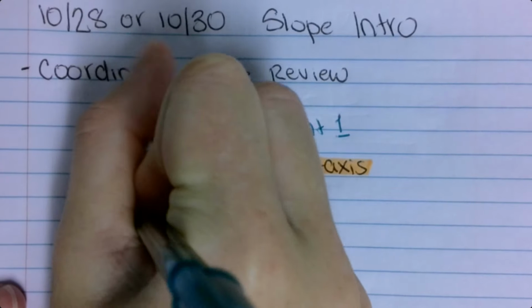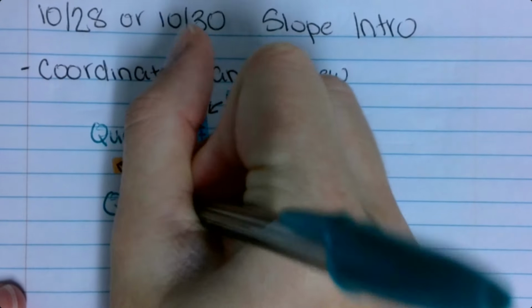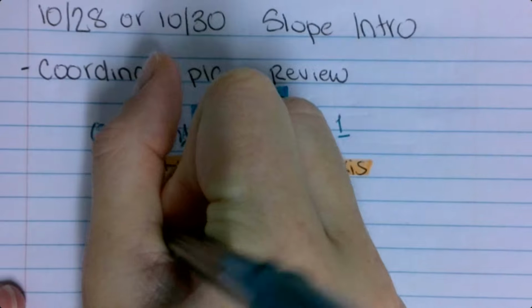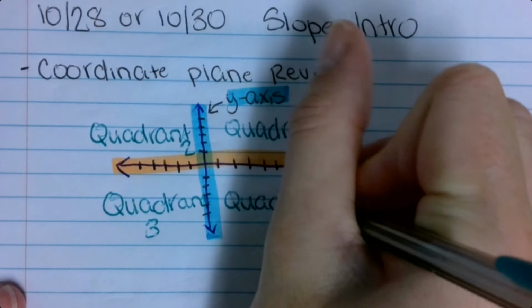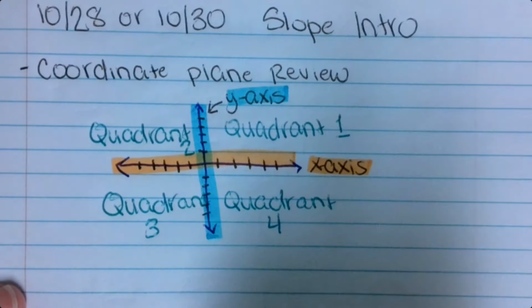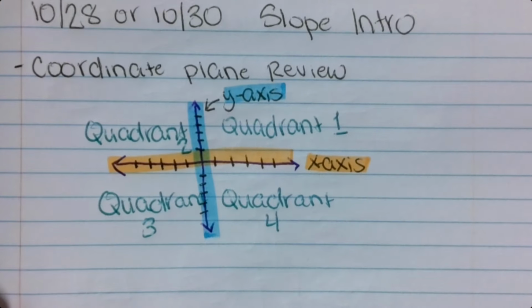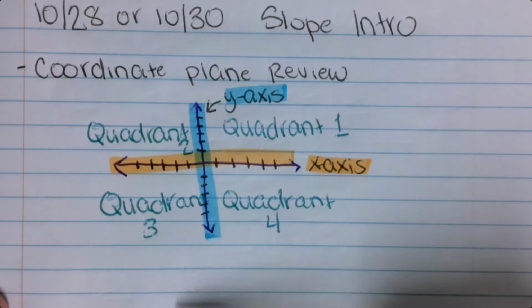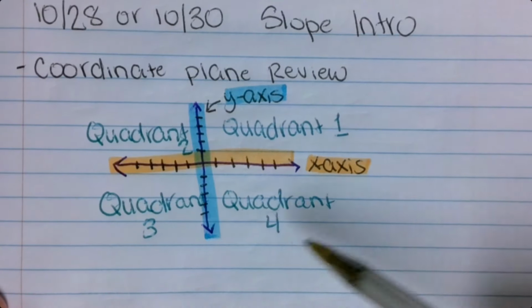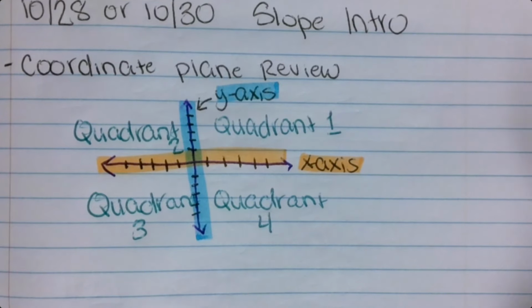So it goes in a circle. This would be quadrant 3, and then quadrant 4. All right? So again, that is your y-axis, your x-axis, and the 4 quadrants.